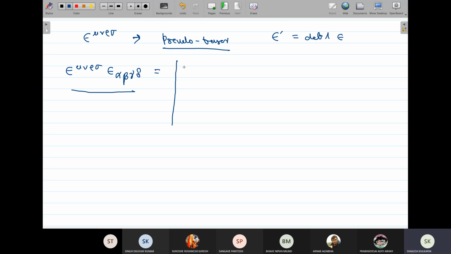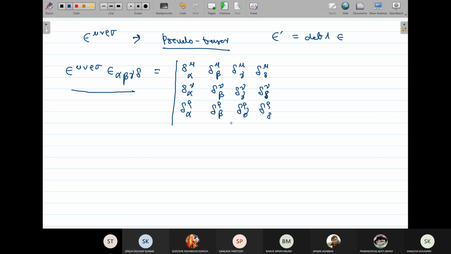It is the determinant of: first row, delta mu alpha, delta mu beta, delta mu gamma, delta mu delta, keeping this mu fixed; then next index, delta nu alpha, delta nu beta, delta nu gamma, delta nu delta; then rho, delta rho alpha, delta rho beta, delta rho gamma, delta rho delta; and then delta sigma alpha, delta sigma beta, delta sigma gamma, and delta sigma delta.